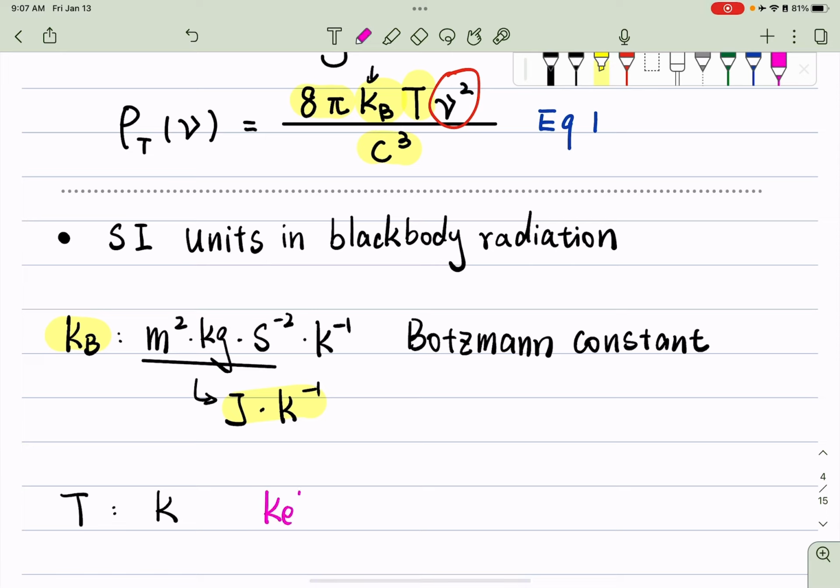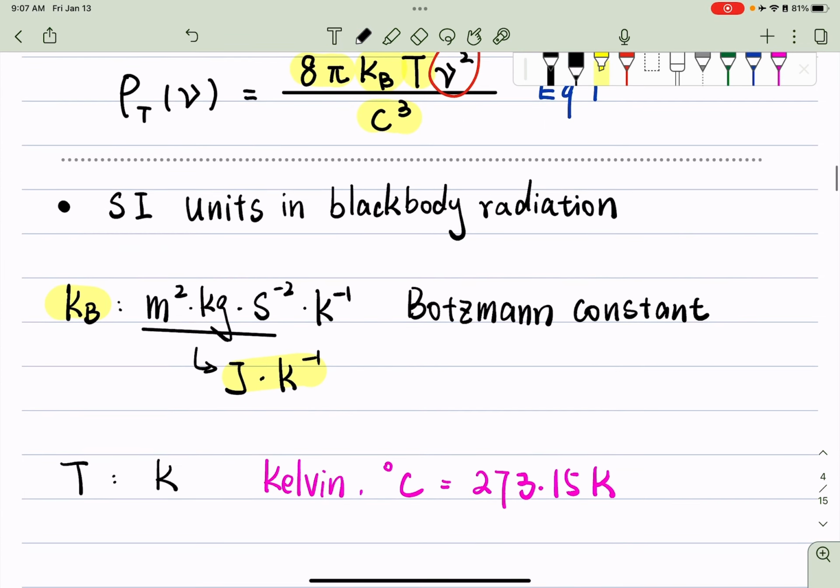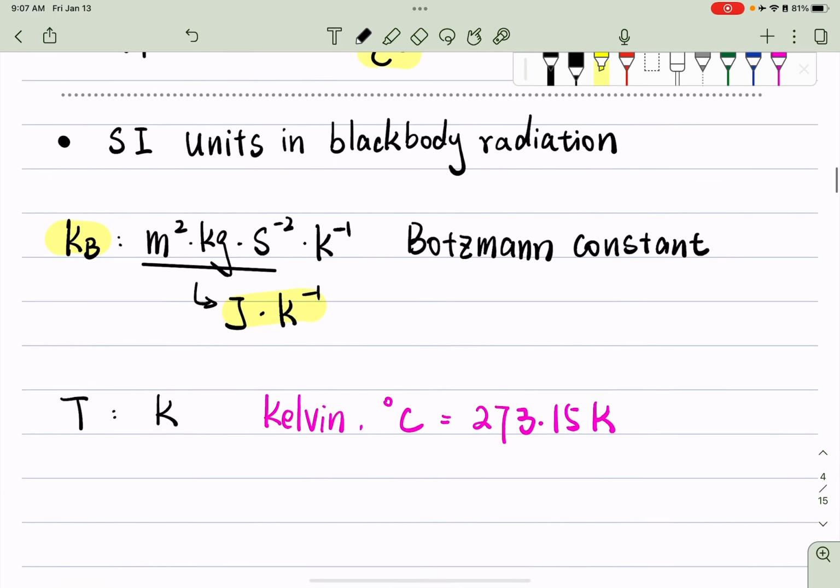So if you don't already know, Kelvin is defined such that when you have 0 degrees Celsius, you have roughly 273.15 Kelvin. And 0 Kelvin is what we call absolute zero. All right, moving on, we have the frequency.